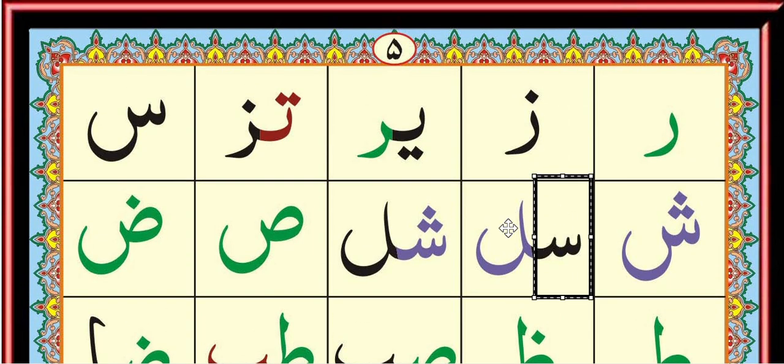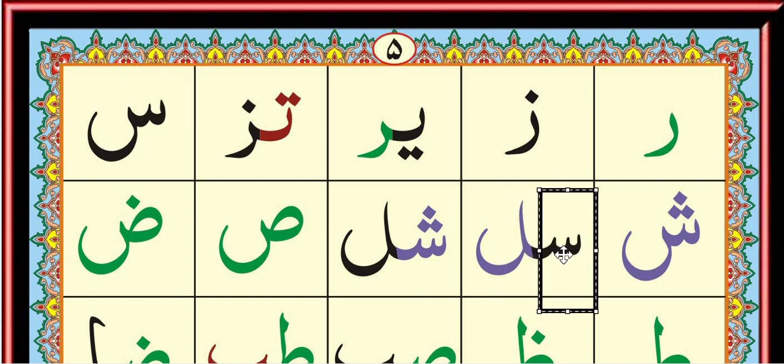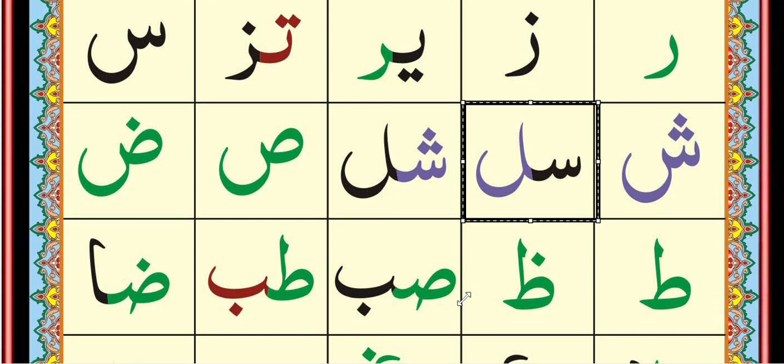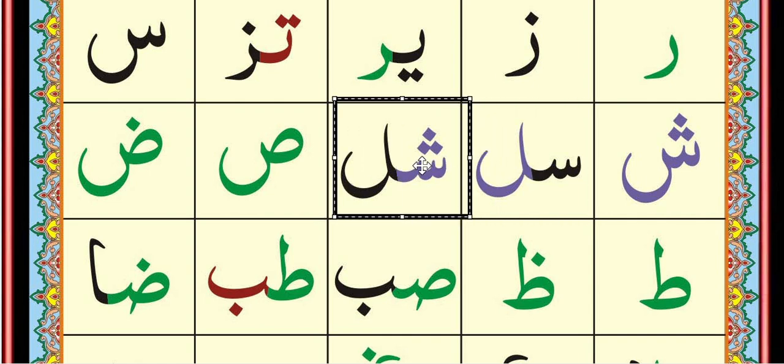Look, this one looks like this. This is easy to understand now, not difficult, inshallah. Read with me. Seen lam, seen lam. And the next is sheen lam, sheen lam.